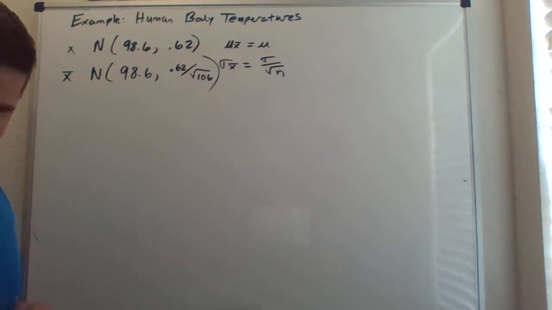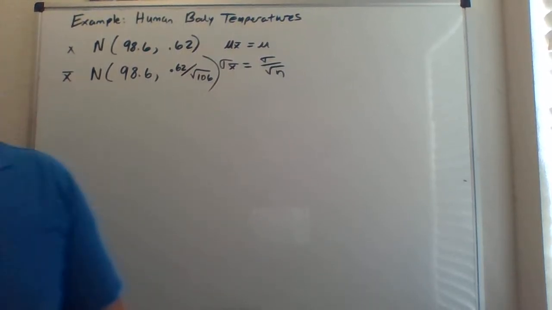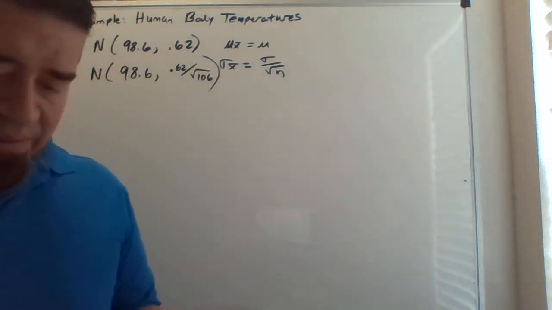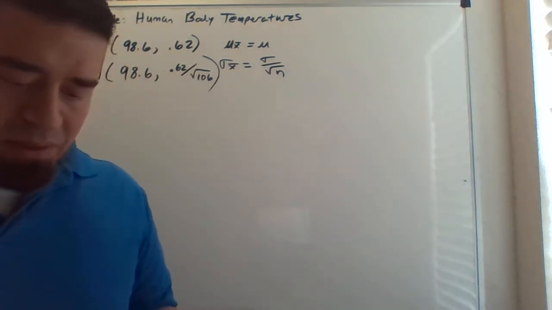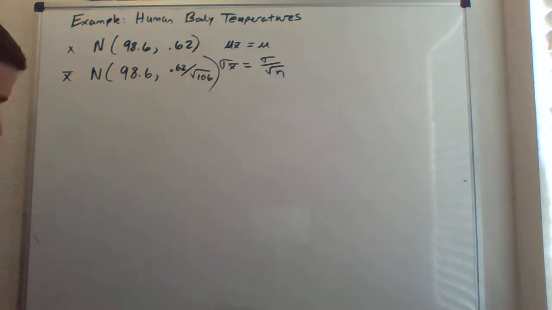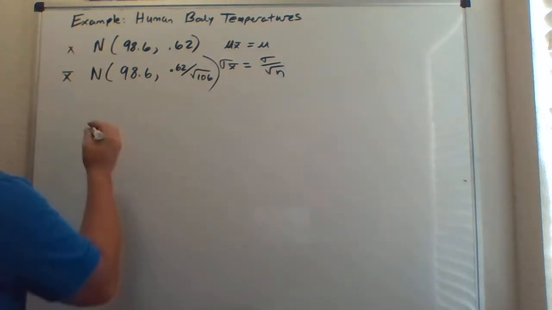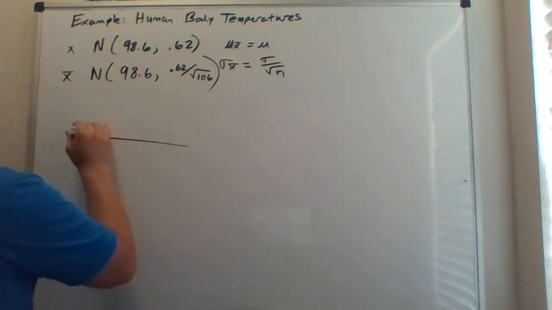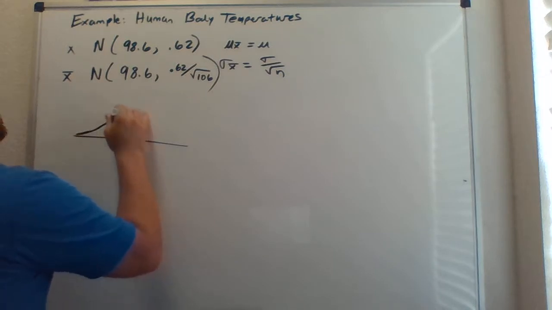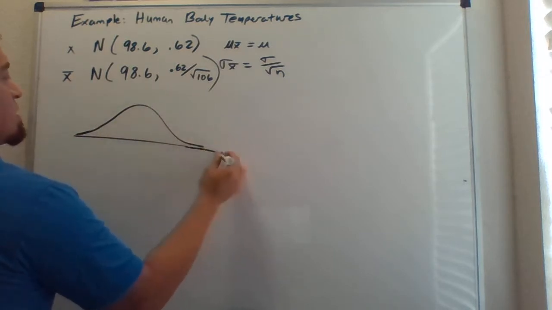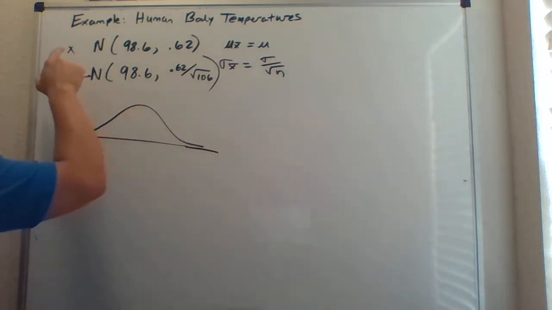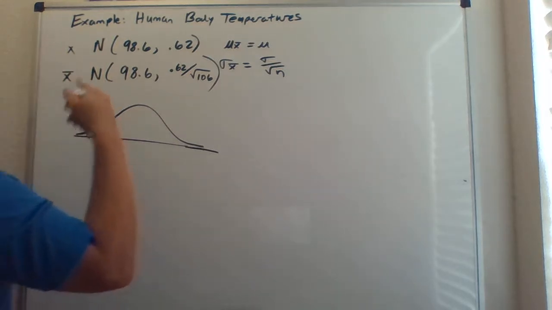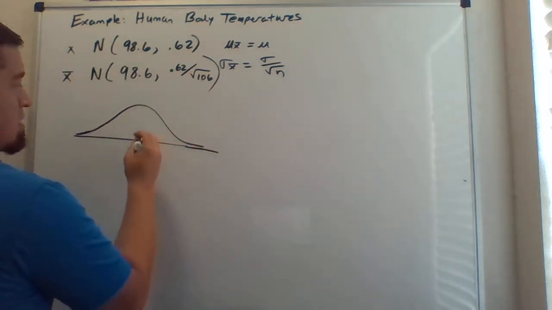Alright, so the next two are kind of similar. It says find the probability of a random person having a body temperature between 98.2 and 100 degrees. So we're going to draw that picture. It's an individual, so think about which distribution am I using? Am I using the population or the sampling distribution? Individual, you can use the population.